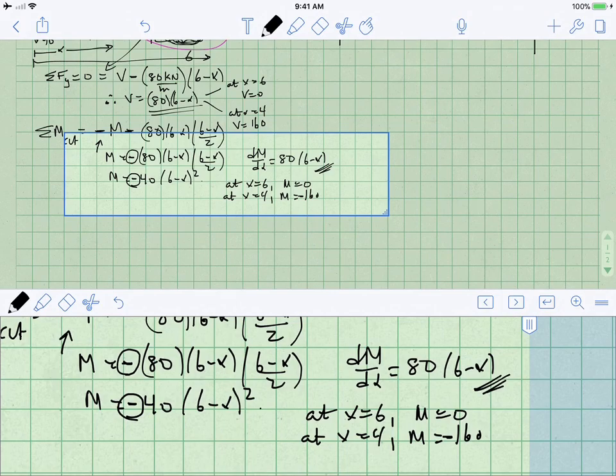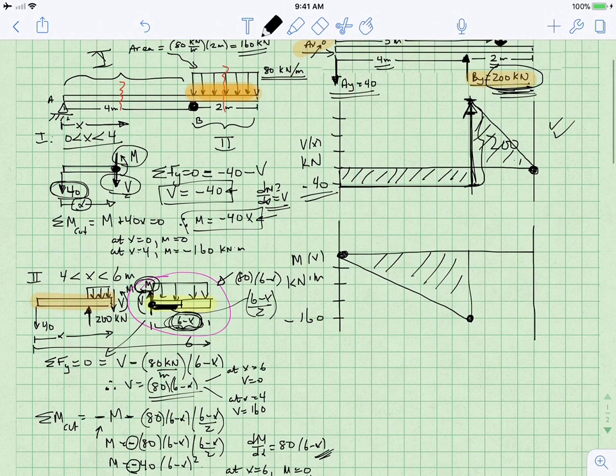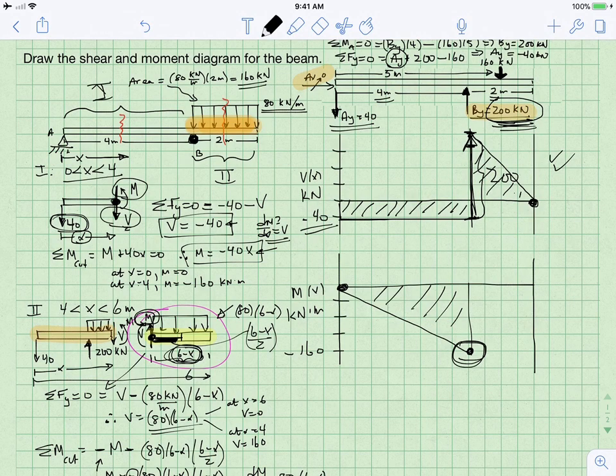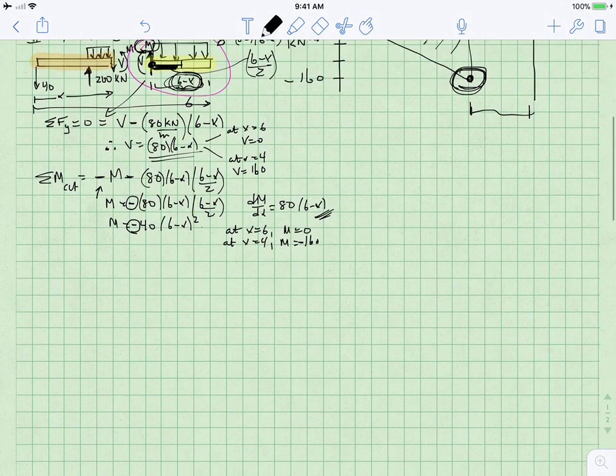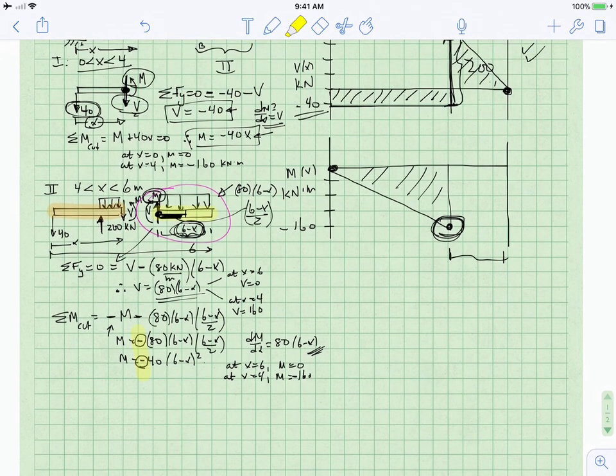What just happened in my head was that I was looking back at this diagram and expecting to see some sort of continuity, because there's no applied moment there. I genuinely expect the moment curve between 4 and 6 to begin at that minus 160. So you can see how I caught the lapse of a negative sign in my own work by thinking about this continuity point.